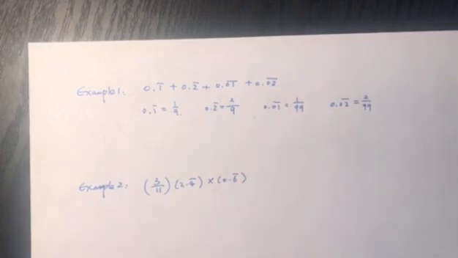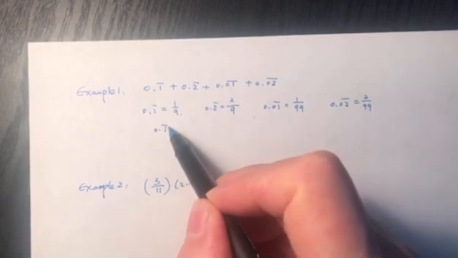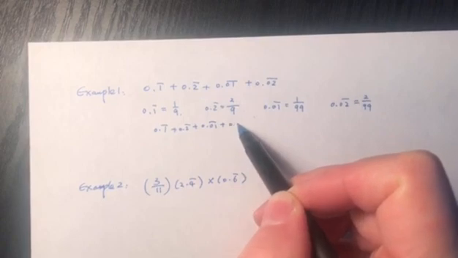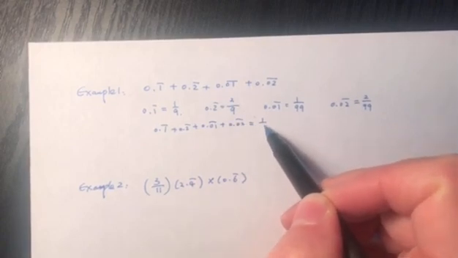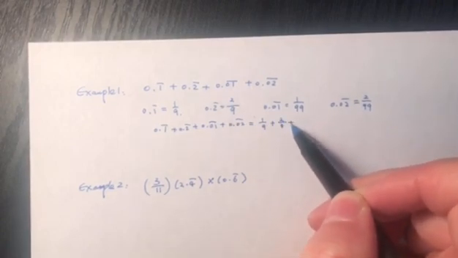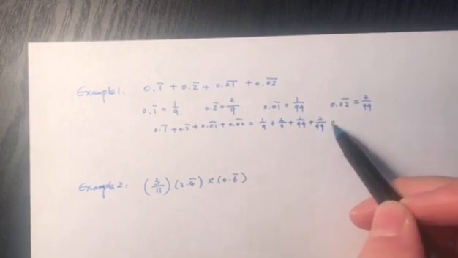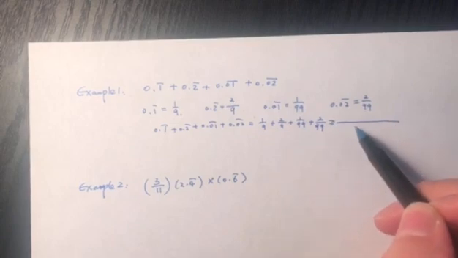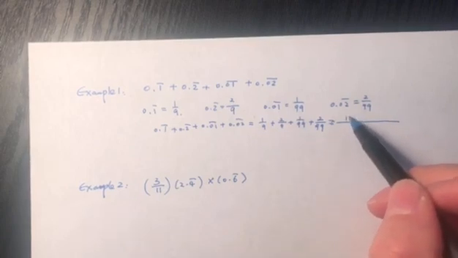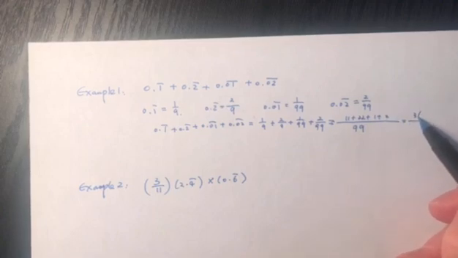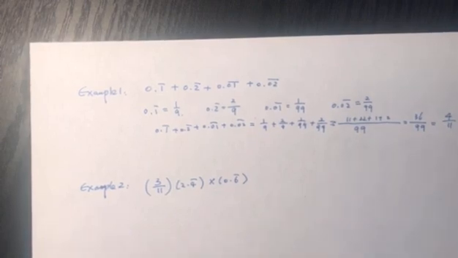After you change them to fractions, you can add them together: 1 over 9 plus 2 over 9 plus 1 over 99 plus 2 over 99. This becomes fraction addition, so with 99 as the denominator, you have 11 plus 22 plus 1 plus 2, which gives 36 over 99. If you simplify that, it is 4 over 11. So this is the first way to solve this question.